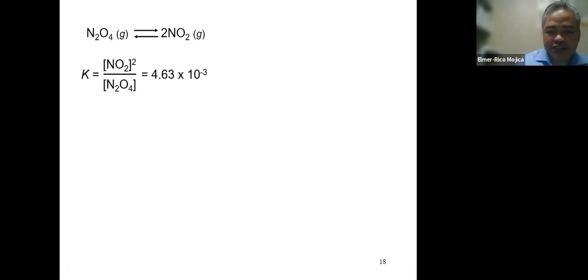Another manipulation is what happens if we reverse the reaction. For instance, the K for this reaction is this one.